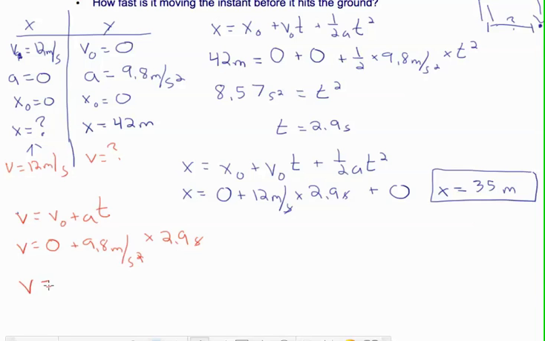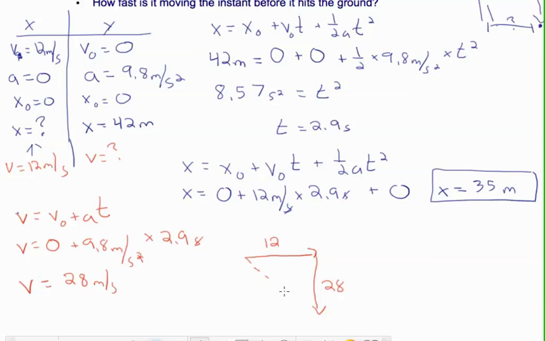So now we know that our x velocity is 12 and our y velocity is 28. You could have drawn these the other way. It doesn't make a difference as long as you reference the direction correctly, if you're asked for direction.